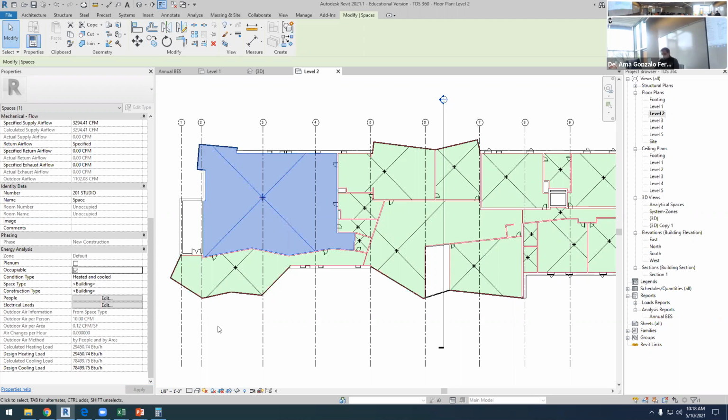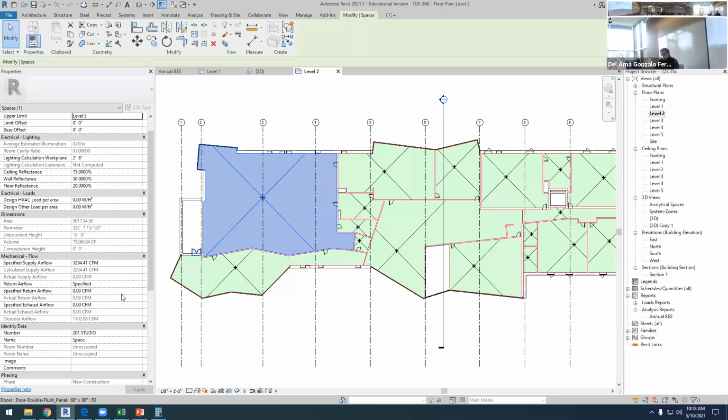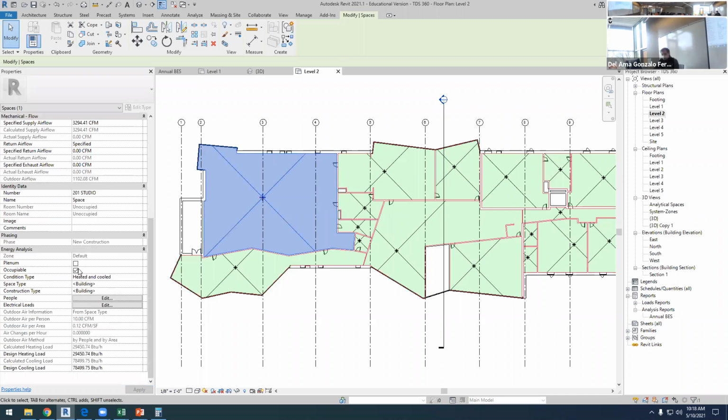It's something that people are living in, so we click this option. Then the condition type has to be heated and cooled. It's not unconditioned, it's not just naturally vented. So this has to be heated and cooled.